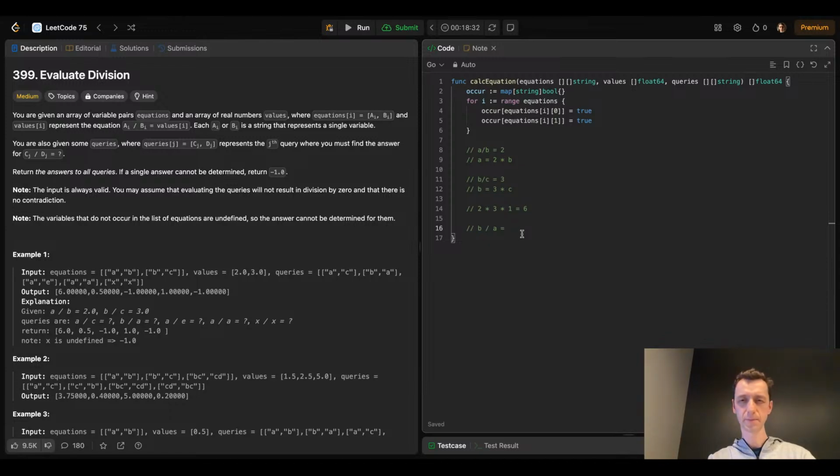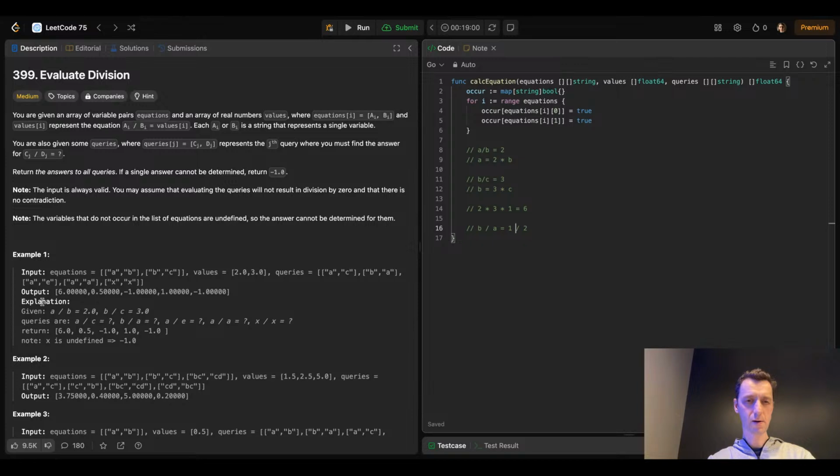Basically, we divide both of these sides by A and then by 2. So it will be 1 over 2, right? Yeah, that's what it is.